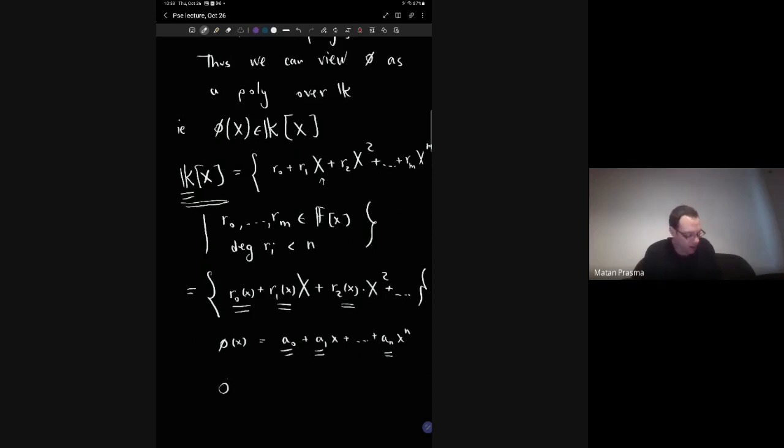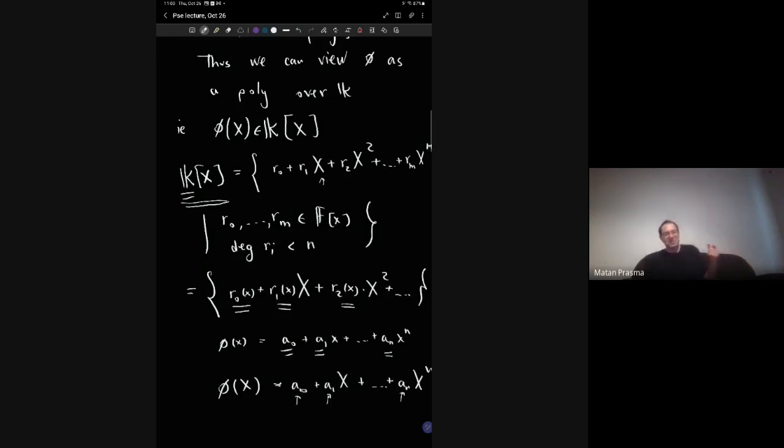So phi with capital X is the same thing, a0, a1, but now I replace x by capital X. And I view all these guys, a0, a1 up to an, in K. I mean, I view them as constant remainder polynomials. Okay?